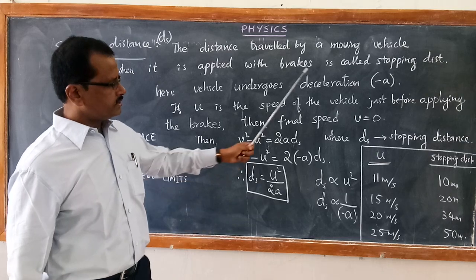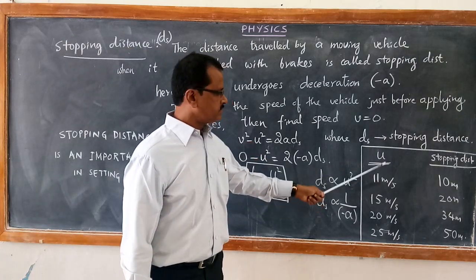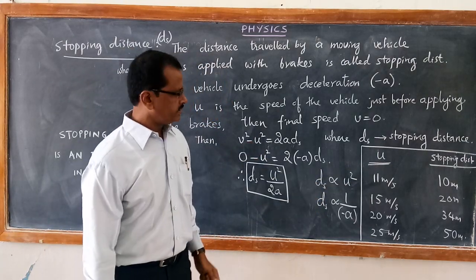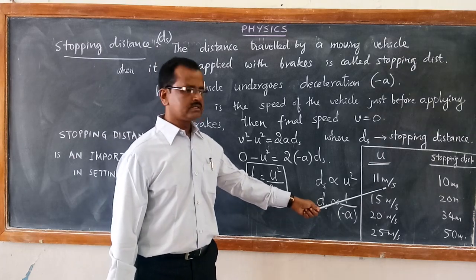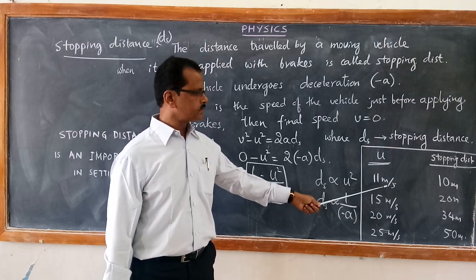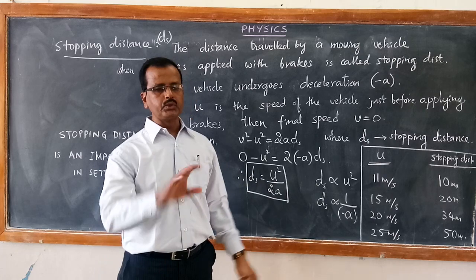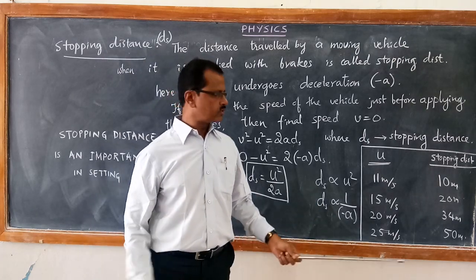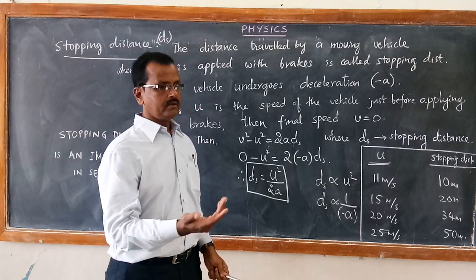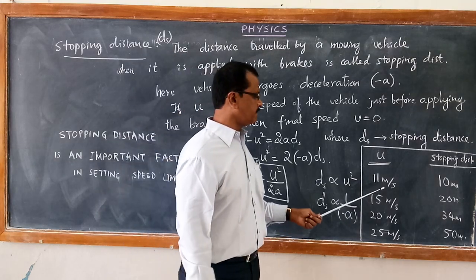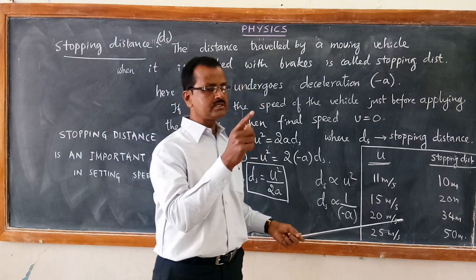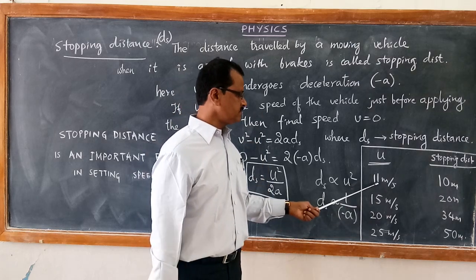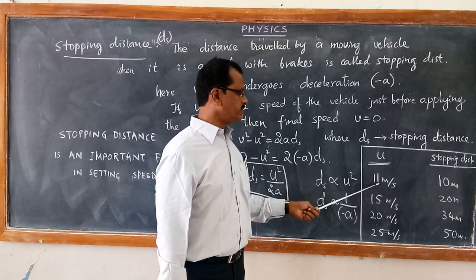Now you see, it is calculated for various values of initial speed. If the initial speed is, say, 11 meter per second, if you convert this into kilometer per hour, 11 into 18 by 5, it comes out to be nearly 40 km per hour.